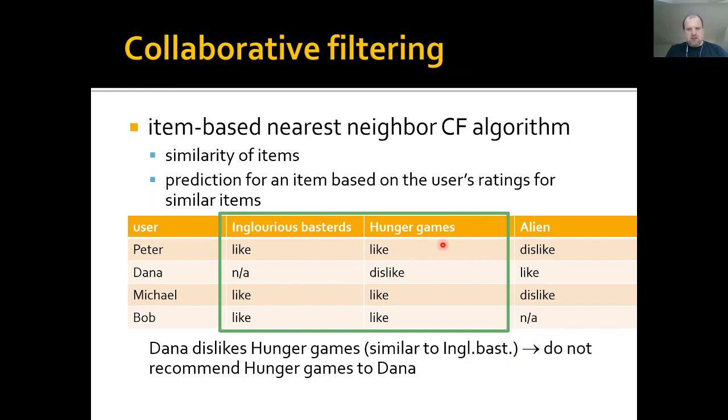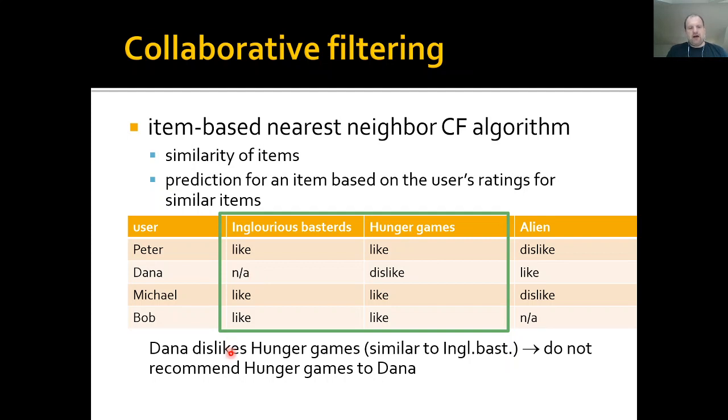Intuitively I can see that these 2 items are very similar in the dimensions, in this case the users, where they are both filled in. So Peter, Michael, and Bob like them, and for Dana, where there is only a rating for Hunger Games, there is 1 dislike, and intuitively we should also predict dislike for Inglourious Basterds.